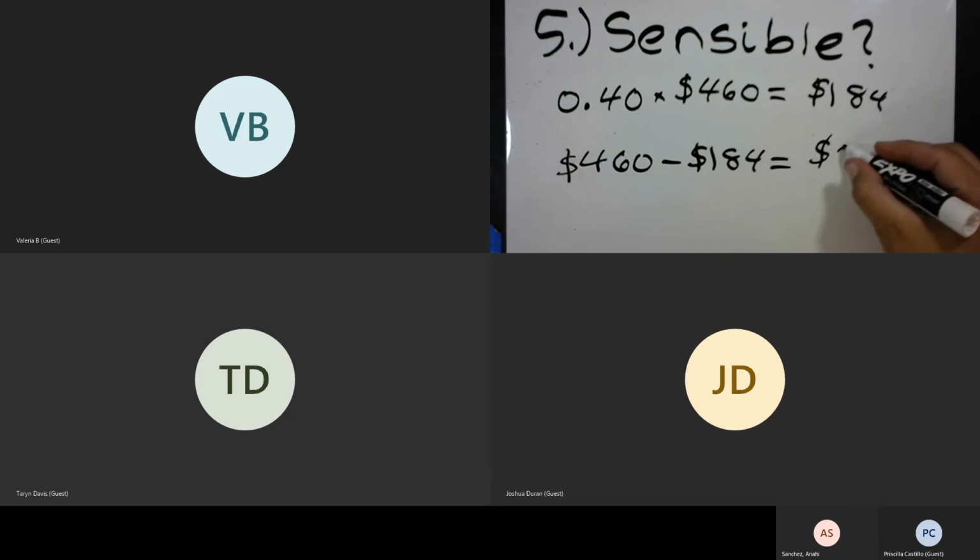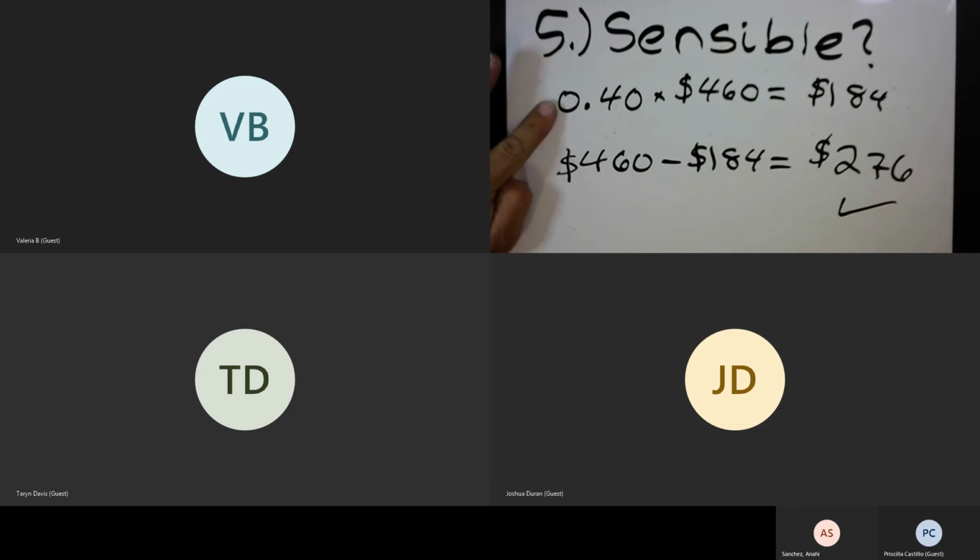And sure enough, we get back 276, which was the sale price that we paid for. So it seems like a sensible answer, and using what would be an intuitive approach of calculating 40% off, sure enough, we get the price we paid for. So this looks good. So 460 seems like a good answer.